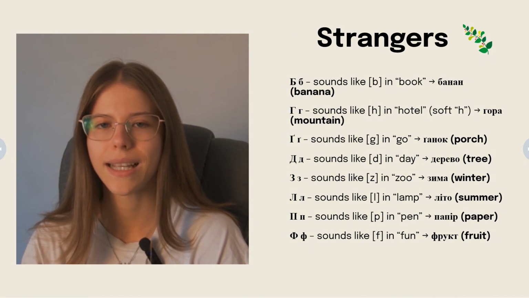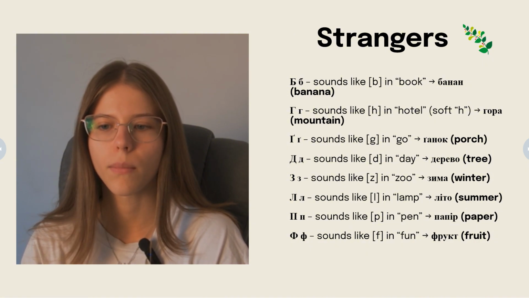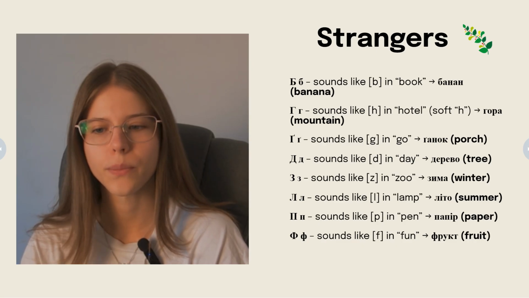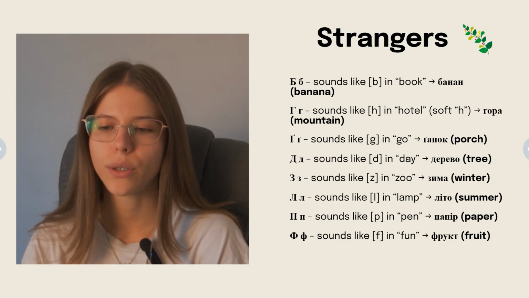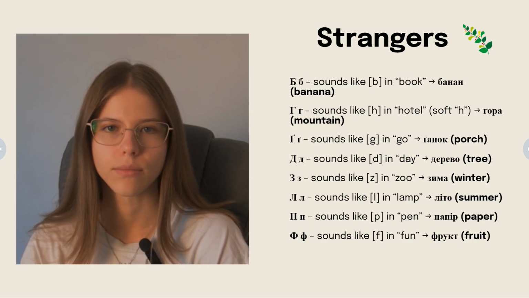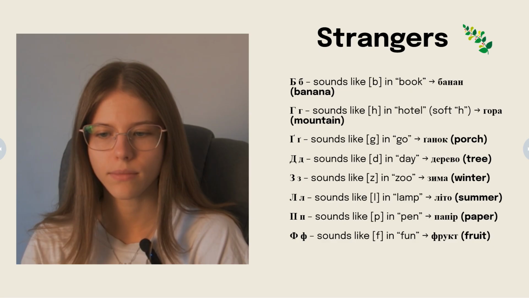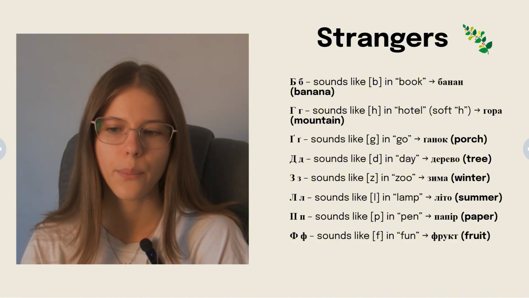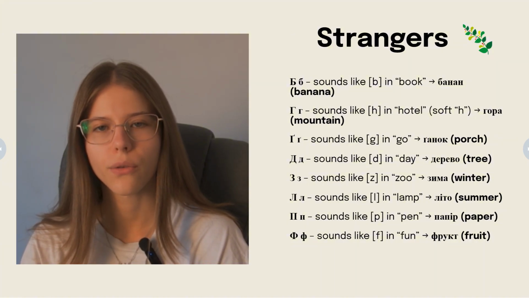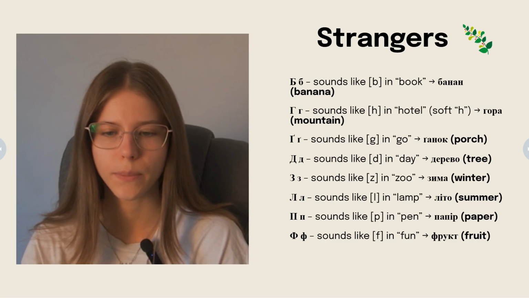This one sounds Ґ, Ґ. Ґанок. Д, дерево. З, зима. Л, літо. П, папір. Ф, фрукт.